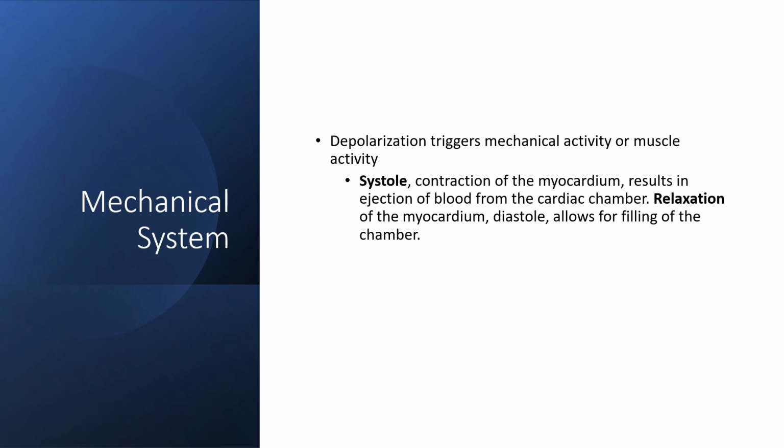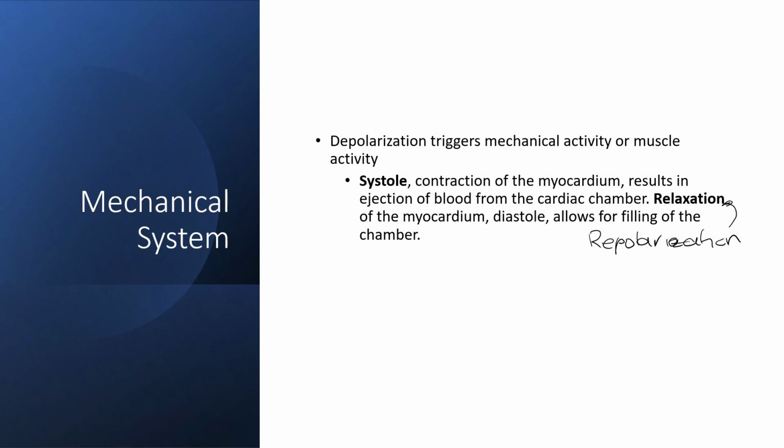Depolarization will then trigger a mechanical activity or muscle activity, which is systole, to occur in the heart. When they lose the current, we call that repolarization. And repolarization equals relaxation. And so that's when the heart goes into diastole.